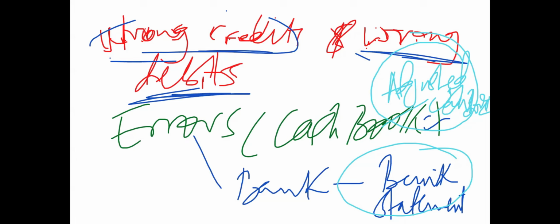Once it is committed by the accountant in the business, it should be corrected in the adjusted cash book. And if the error is committed in the bank, it should be corrected in the bank reconciliation statement. But we shall look at how it is going to be corrected in the next video, where we will get these formats and also take a practical question, so that we can improve our understanding.